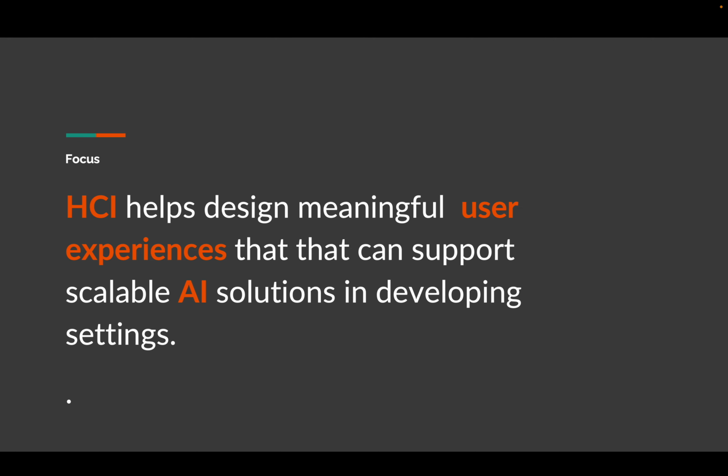Because we're in the era of AI, the focus of our whole project from today until Friday will be to help design meaningful user experiences that can support designing solutions that we can use around us. The other thing I forgot to say is I mentioned ICTD. That is information communication technology for developing countries, so developing technologies for our areas.